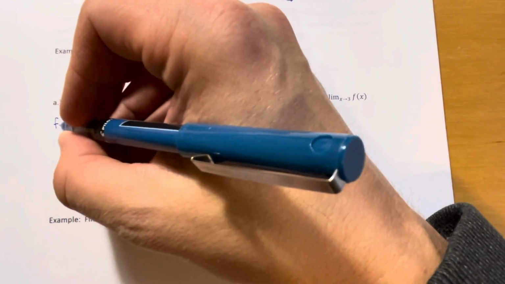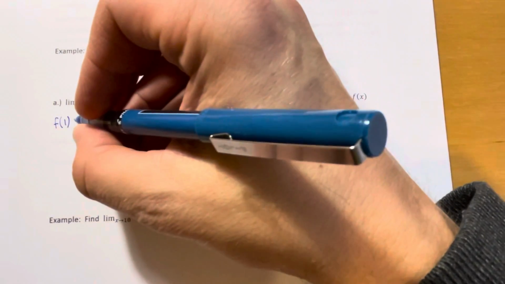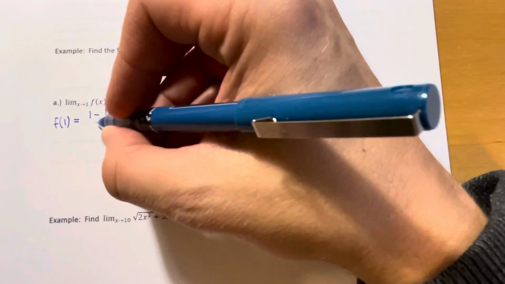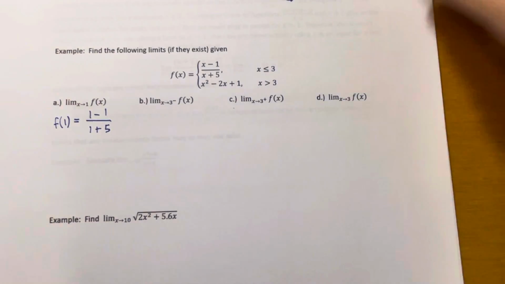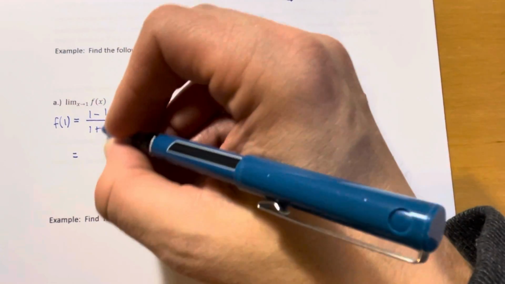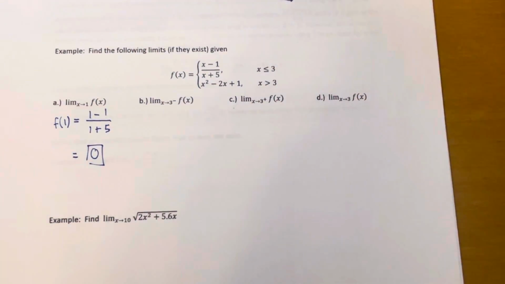So I get to just find f of 1 directly. f of 1 would be 1 minus 1 over 1 plus 5. 1 minus 1 is 0, and as long as the denominator is anything other than 0, 0 over that number is still 0, so we get 0 as a solution for that one, okay?